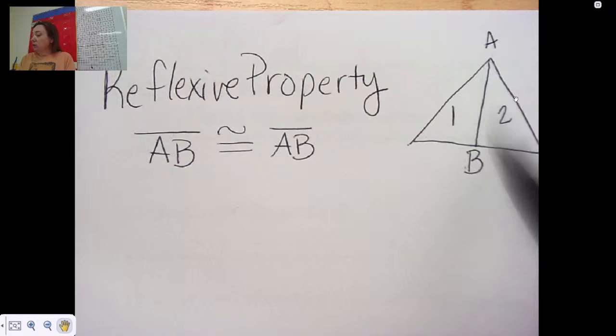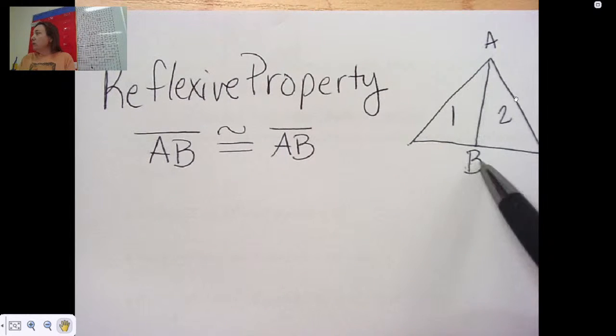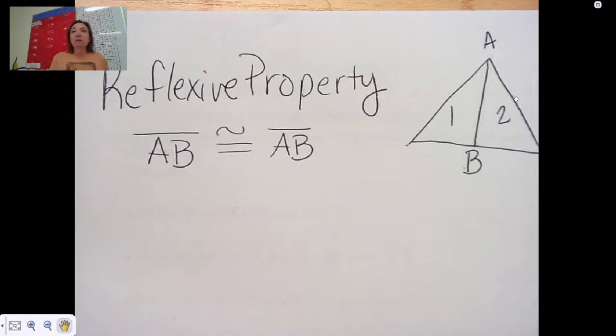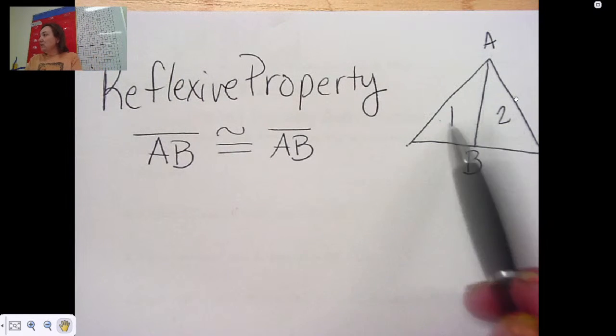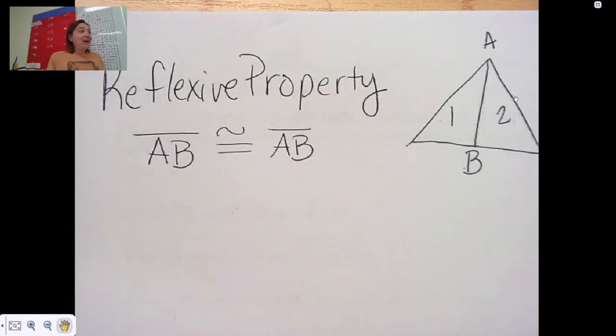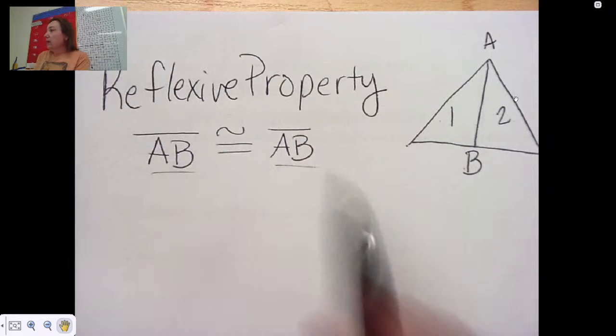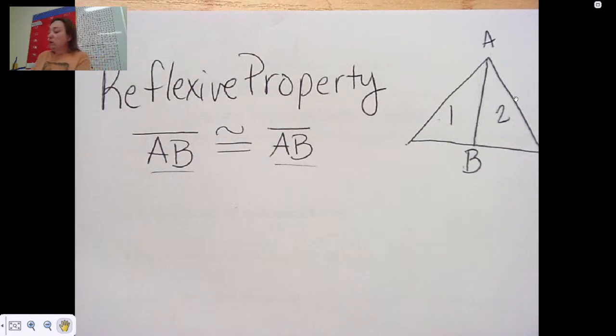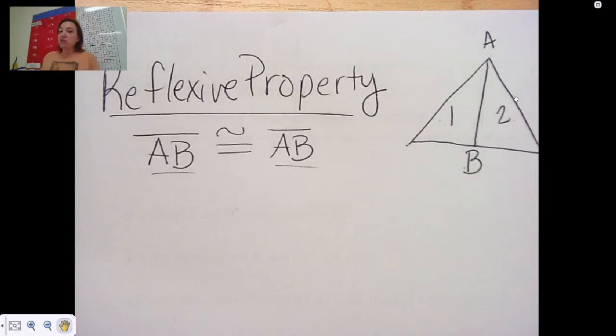And if we're talking about this triangle, this segment AB is a separate segment. But it's the same segment, right? So we know that it's congruent to itself. It's the same size in both of the triangles. Does that make sense? So if we have to compare a segment to itself, we use what's called the reflexive property. Y'all with me so far?